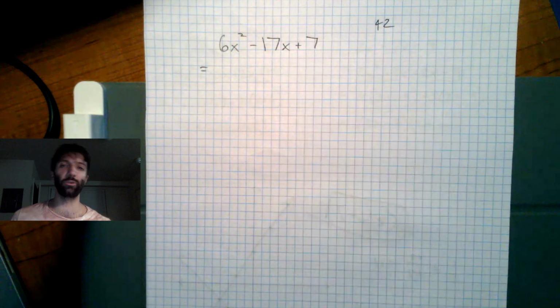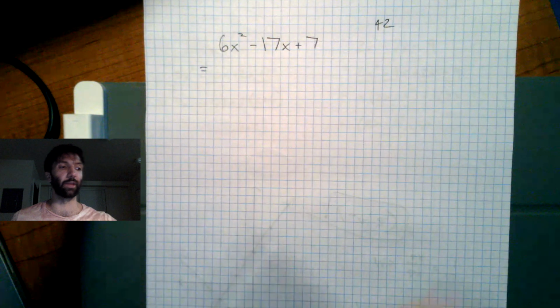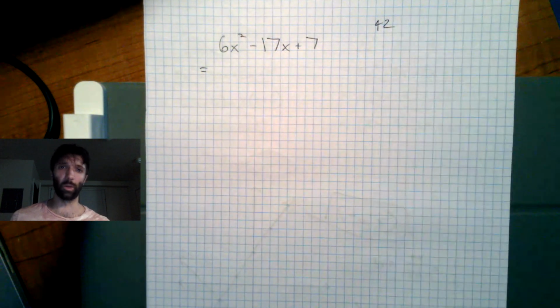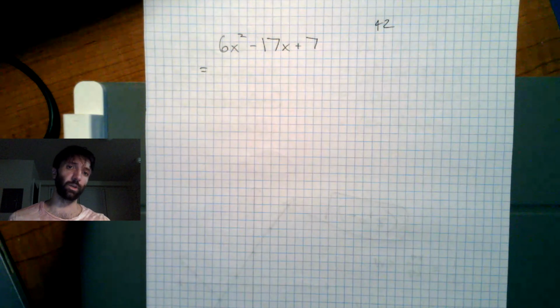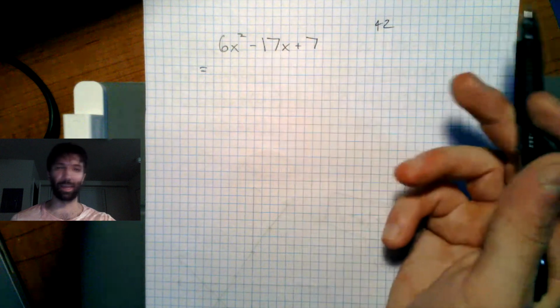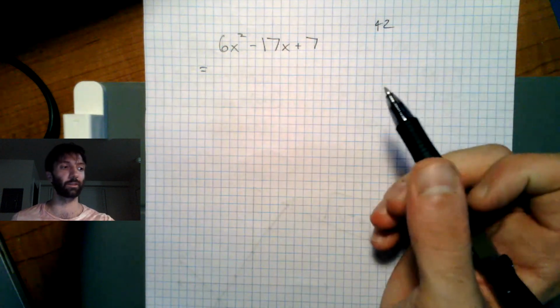So the only way to do that is with 2 negative numbers, because again, they have to multiply to positive 42. So the only way to multiply to a positive 42 is if I had 2 negatives or 2 positives, but I also need them to add to a negative, so they can't be both positive. They have to be both negative in this case.